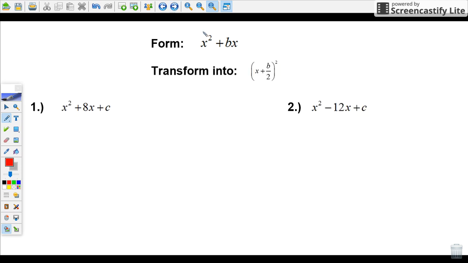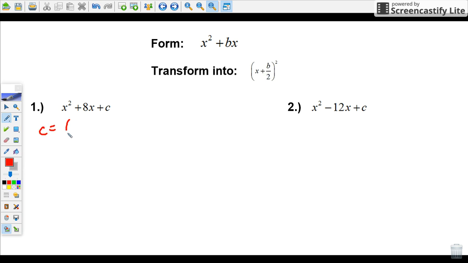Let me show you some more examples. Number 1, x squared plus 8x plus c. We're going to figure out what c is, and then we're going to transform it into a binomial squared. I want you to pay close attention to the second term in these binomials as we go through the examples.